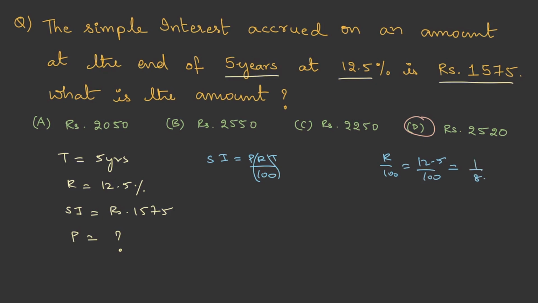So if I substitute, 1575 equals x into 1 by 8 into 5. The 5 can be cancelled, giving 315 times. So x will be 315 into 8, that is rupees 2520. A better way of calculating it. So that was type 1 questions. Hope you are able to pick up the concept.